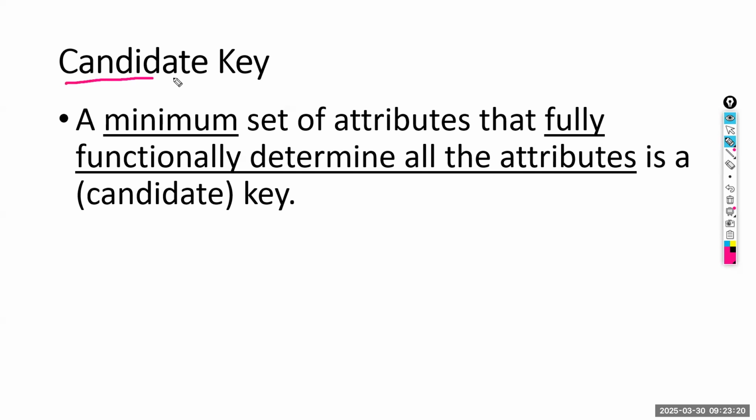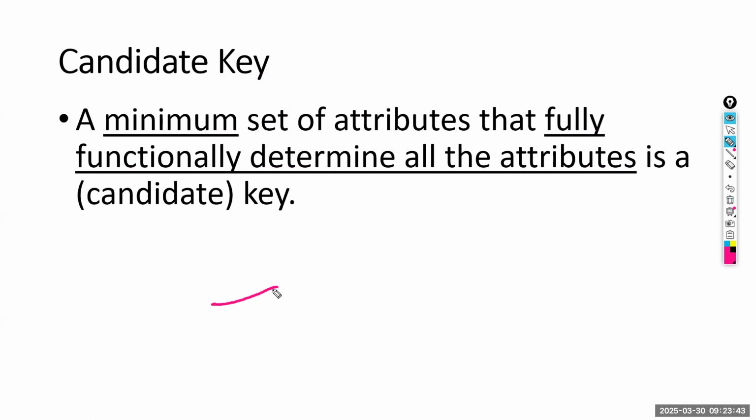Right. So a candidate key is a minimum set of attributes that fully functionally determines all the attributes of that relation. So such a set of attributes is a candidate key, right?